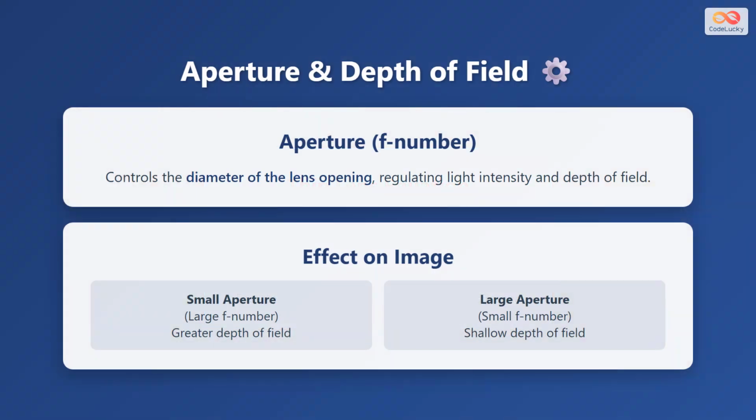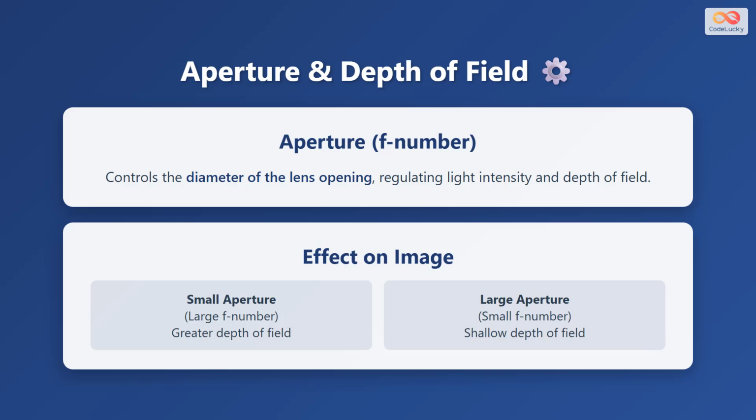The aperture, measured using f-numbers, controls the diameter of the lens opening, which directly regulates both light intensity and depth of field. The f-number is calculated as the focal length divided by the effective diameter of the aperture opening. Now, here's something counterintuitive. A small f-number actually means a large aperture opening, while a large f-number means a small aperture opening.